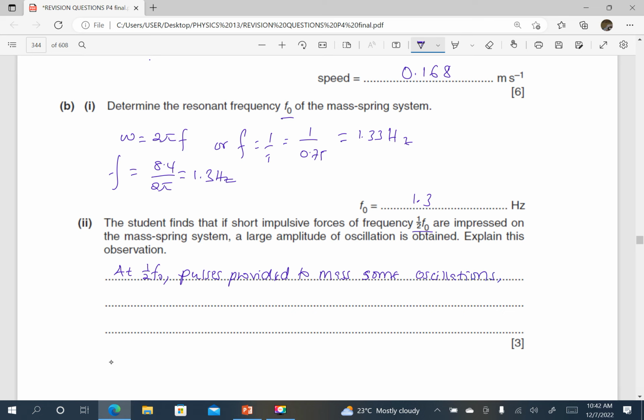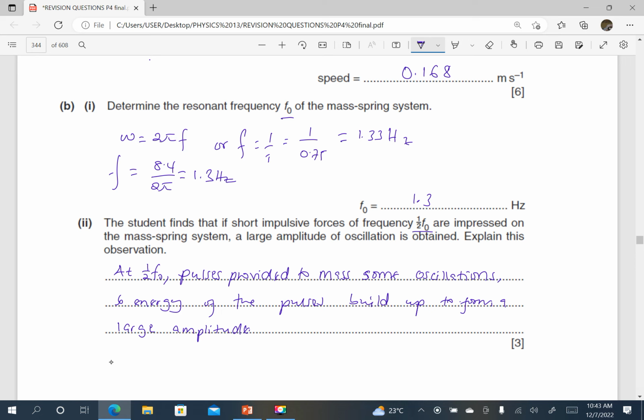So the energy of the pulses builds up to form a large amplitude.